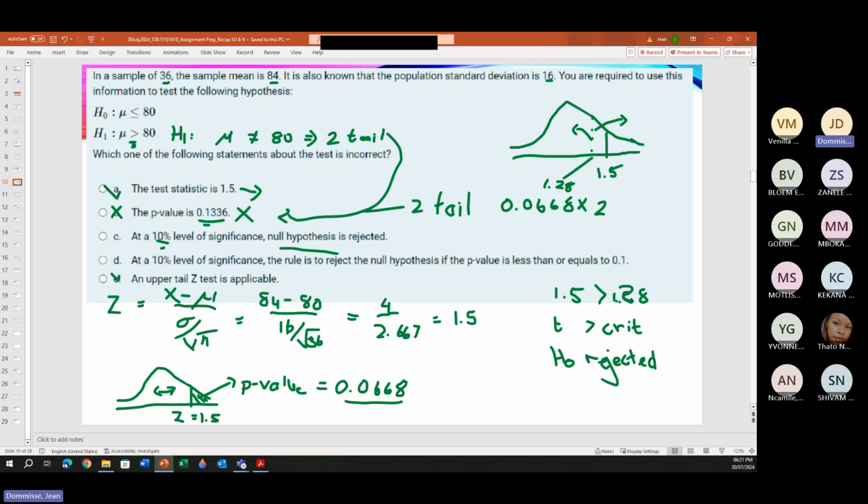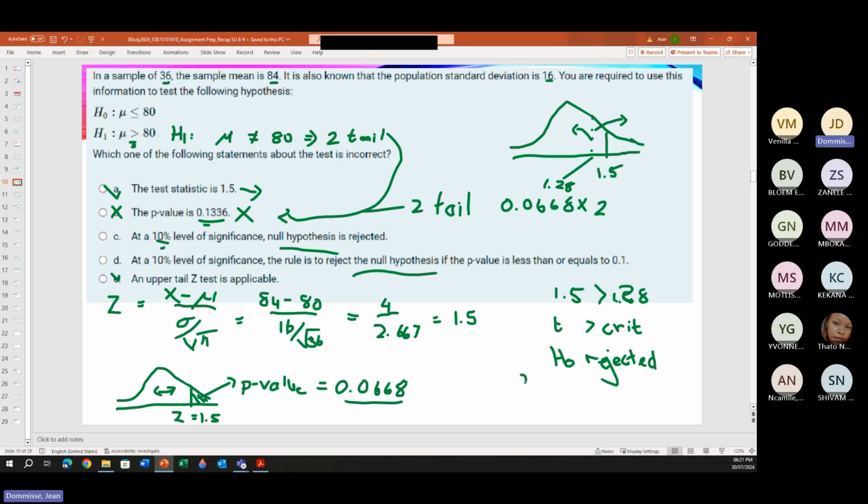The rule is to reject the null hypothesis if the p-value is less than or equal to 0,1. So that is another way to look at it: the t-stat is bigger than your critical value, so we will reject it.